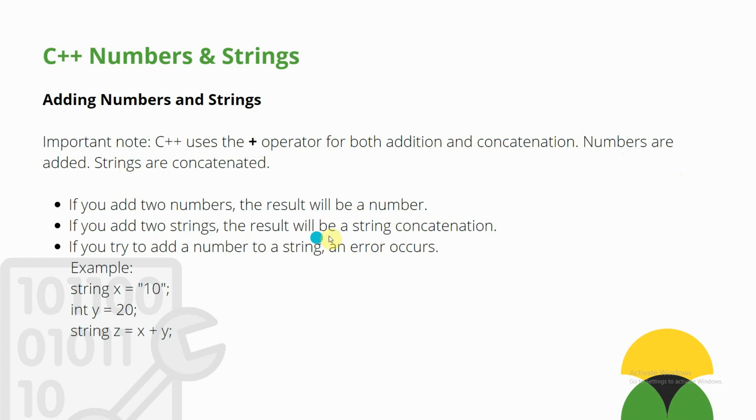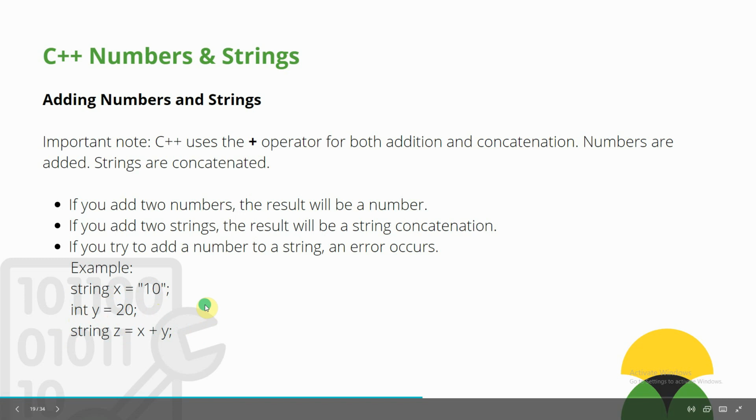If you add two strings, the result will be a string concatenation. But if you try to add a number to a string, it will produce an error. For example, if x is the string "10" but y is declared as an integer, a number, adding these will produce an error in your program.